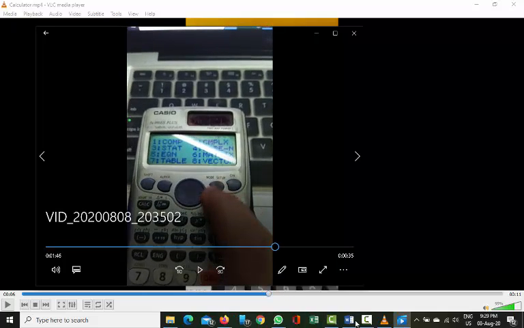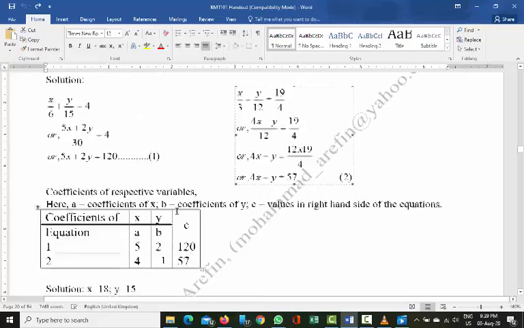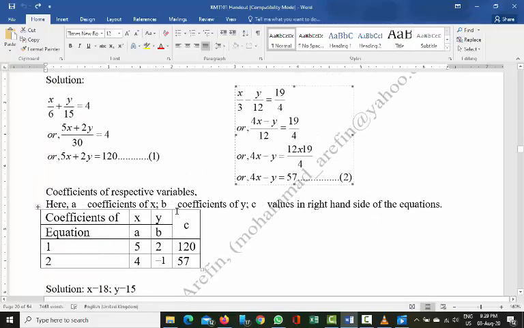So if you solve it, here you can see the first variable is x. The coefficient of the first variable in the first equation is 5, the coefficient of the second variable in the first equation is 2, and on the right hand side we have 120. Now we will move to the second equation.